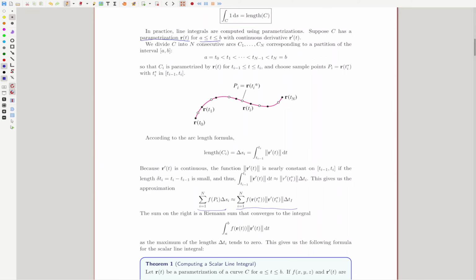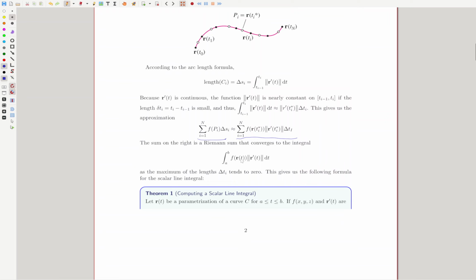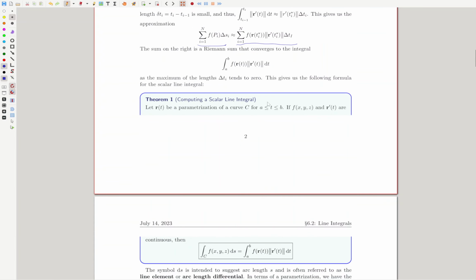And then when you take this sum and you take the limit as n goes to infinity, the sum turns into this integral. And so this integral is the expression you use for computing scalar line integrals, which is here.